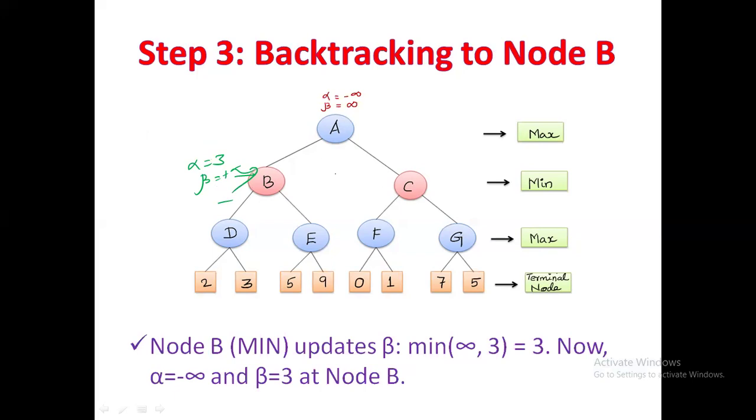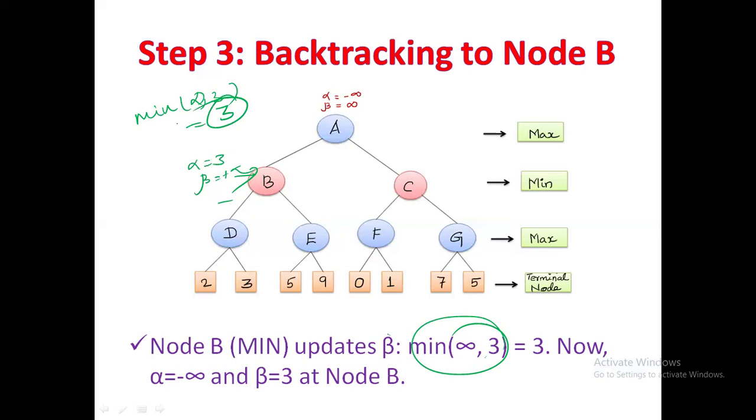Since beta represents the best minimum value seen so far, it is updated as the minimum of plus infinity comma 3. Which one will be selected? The minimum of plus infinity and 3 means the value is equal to 3.